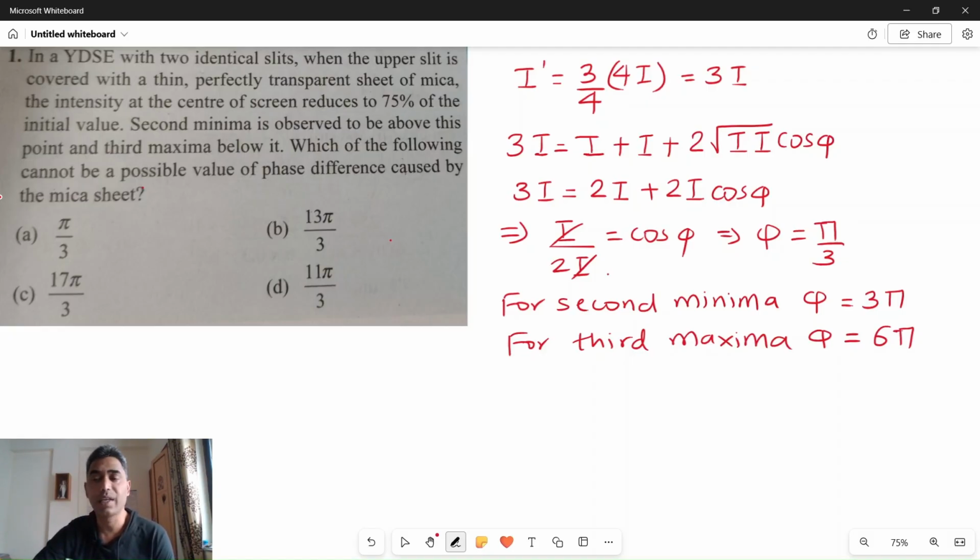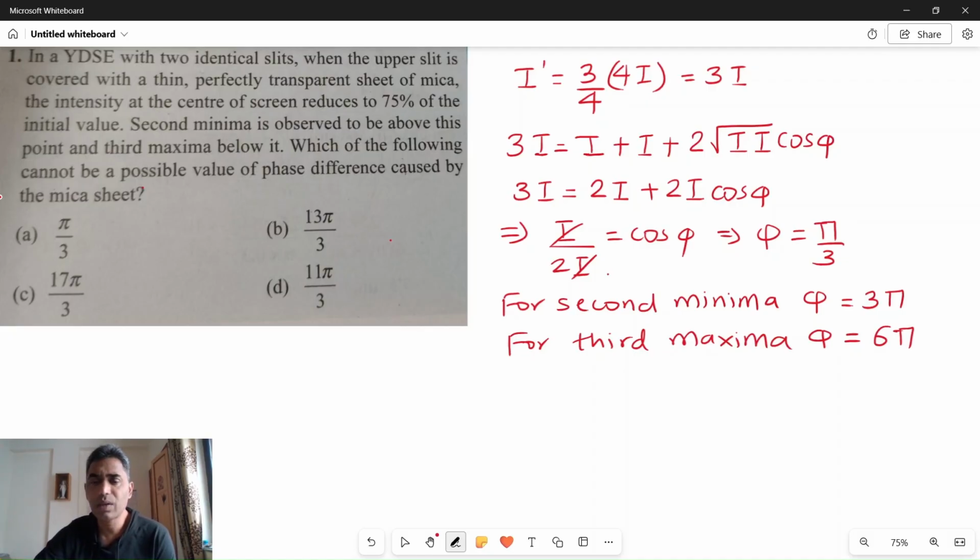This is 3 into 180 and this is 6 into 180. 3 into 180 is nothing but 540, and 6 into 180 is 1080. So if you look at this, this is 60 degrees, and it does not lie in between these two.